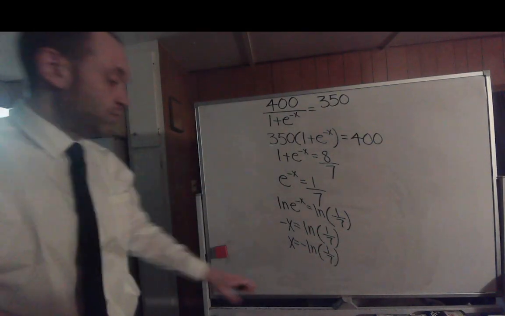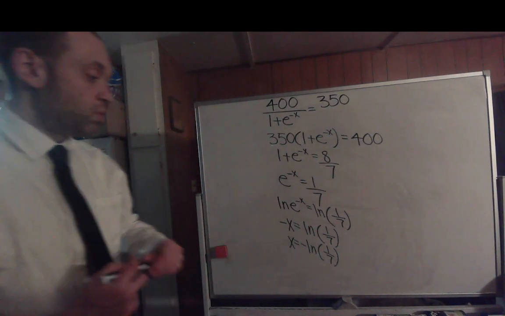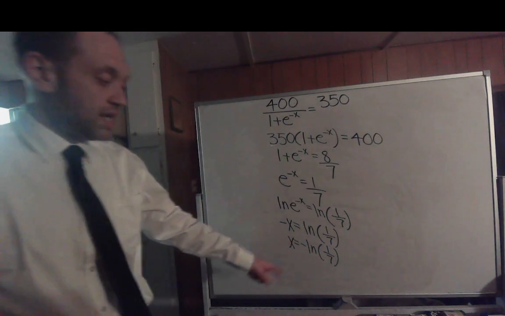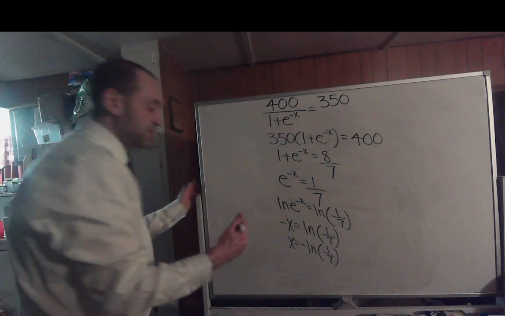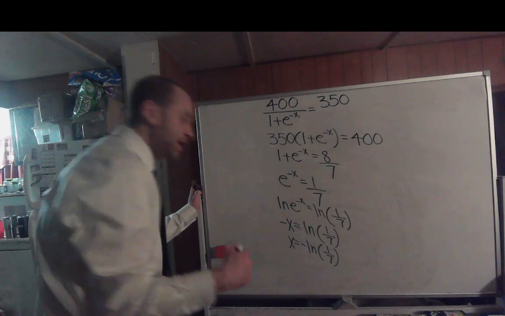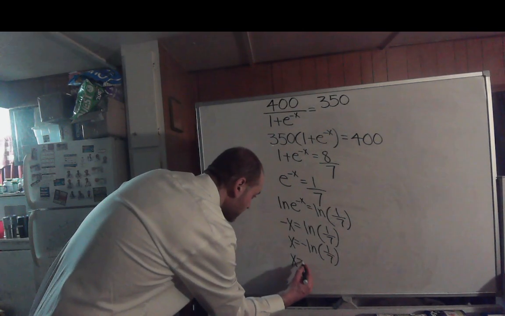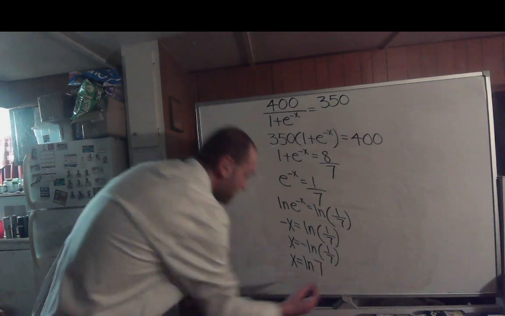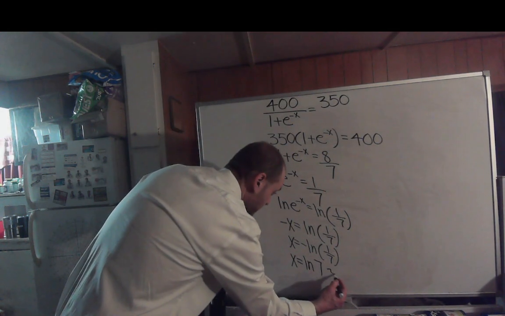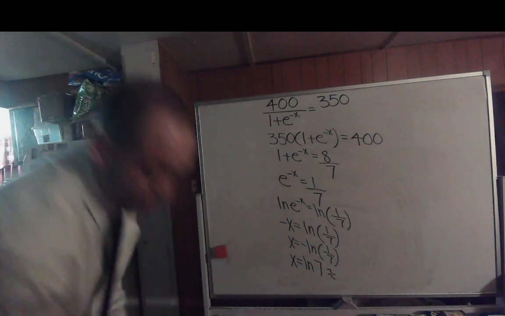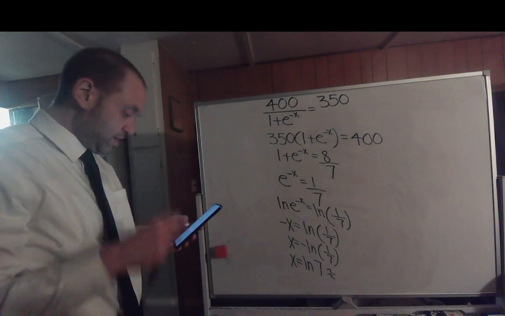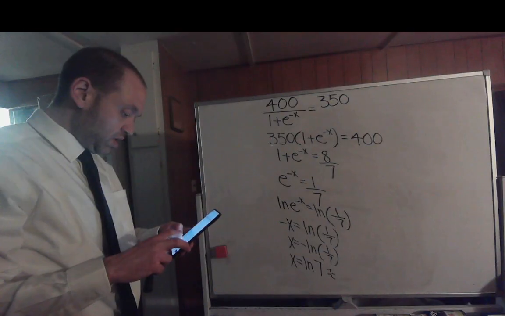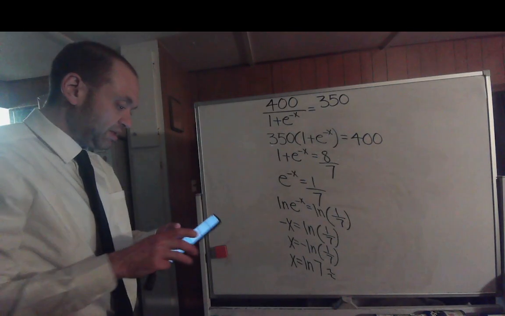But that negative 1 in front of the natural log would make this a power rule, so that 1/7 would become 7 to the negative first power taken away, meaning x really equals the natural log of 7, which we can approximate as 1.946.